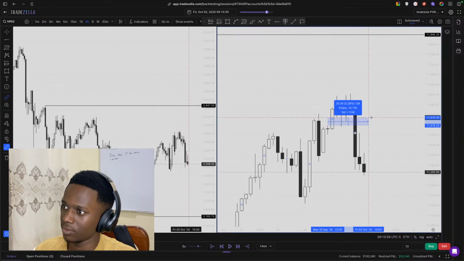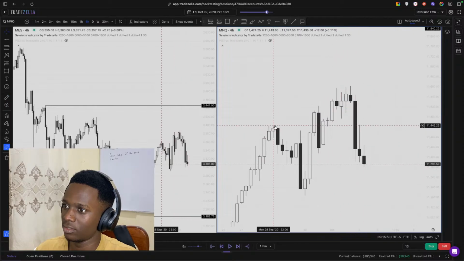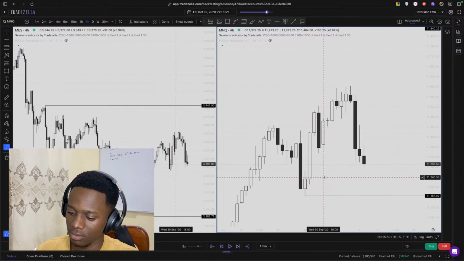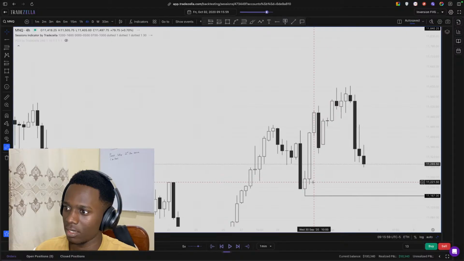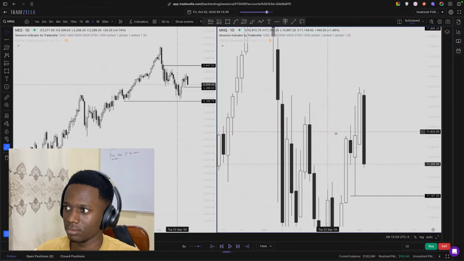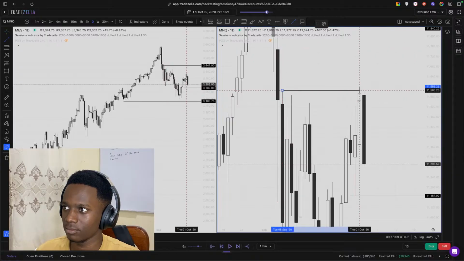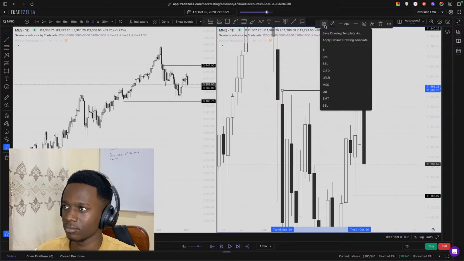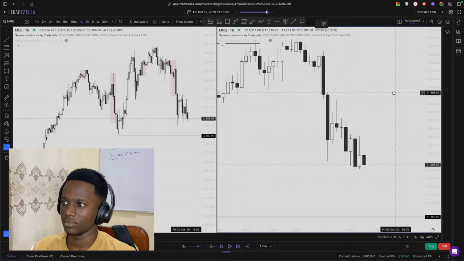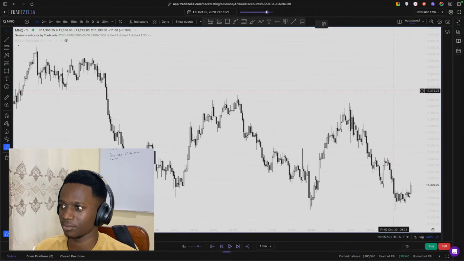Dropping, inversion here. So if bearishness holds, I think I'll take a stab at shorts.